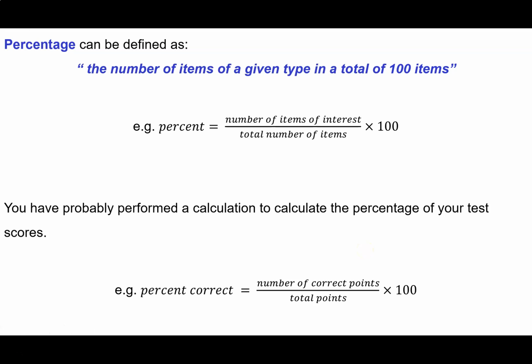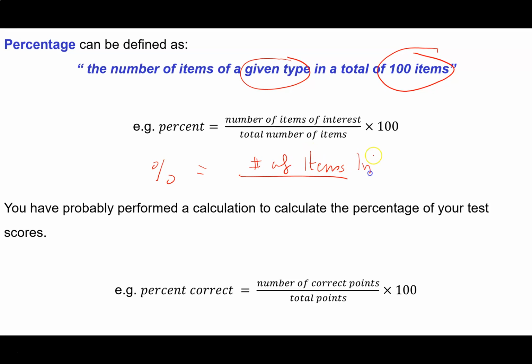But there's another way of thinking about percentage, which is that it is the number of items of a given type in a total of 100 items. So we can think of the percent as being the number of items that we're interested in for every 100 total items.